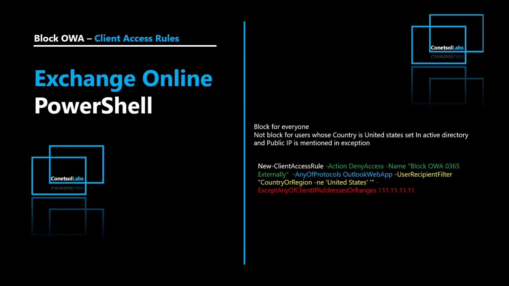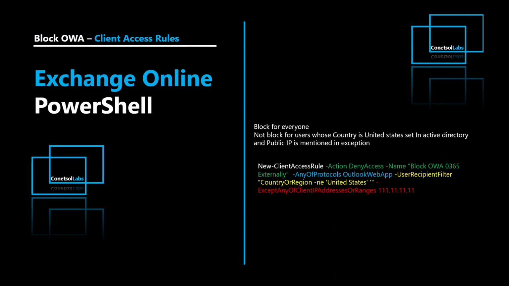We can add multiple IPs or ranges, and we can also modify or add new IPs or ranges later. We will perform all activities in our lab exercise. OWA is also allowed in this command for specific users or all users whose country or region is United States, and based on IP address exceptions.